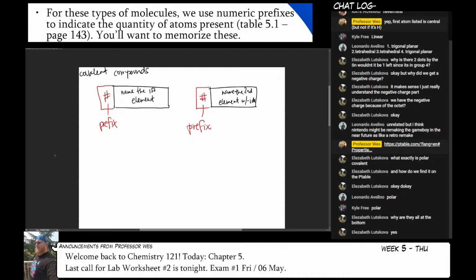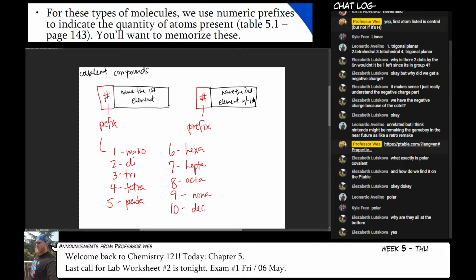So the prefixes are things like this. 1 is mono, 2 is di, 3 is tri, 4 is tetra, 5 is penta. We got hexa, hepta, octa, nona, and then deca.